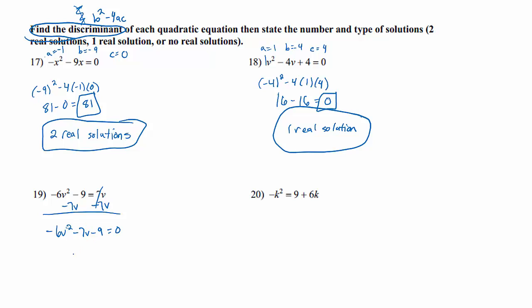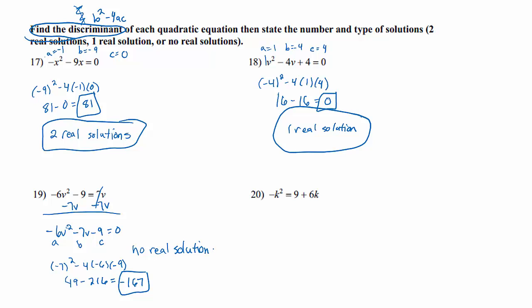So we're doing -7 squared minus 4 times -6 times -9, which is 49 minus 216. And when we subtract those, which we have to because it actually says find the discriminant, I get -167. So there are no real solutions because we're not able to take square roots of negative numbers. And that's what would happen if we stuck this into the quadratic formula.